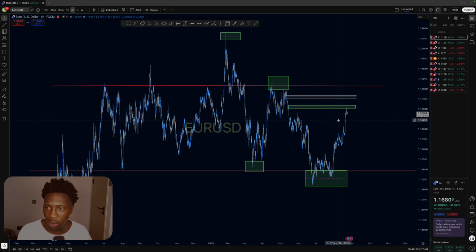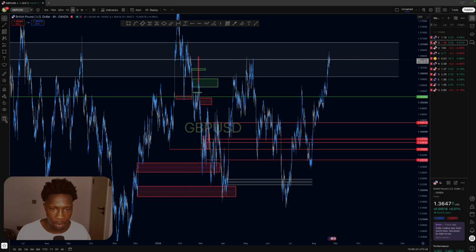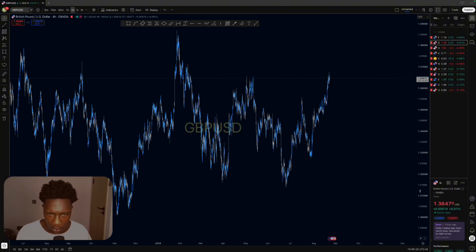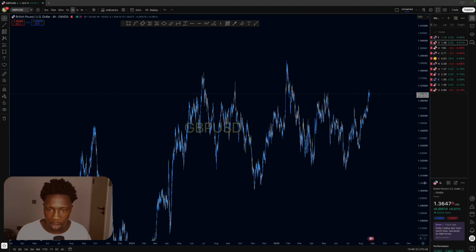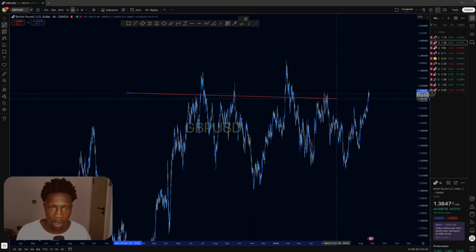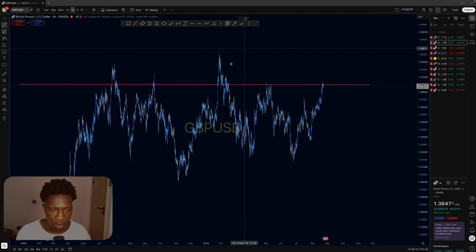So from this one we'll go to GBPUSD, and also let me remove my old drawings. So on this one, GBPUSD, we also have a ranging market, drawing two lines, the one which is the resistance and the other one which is the support.